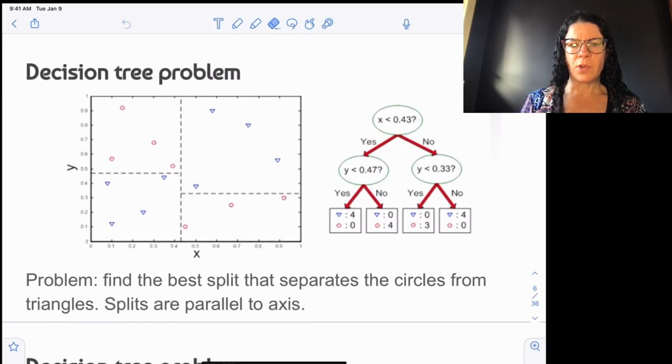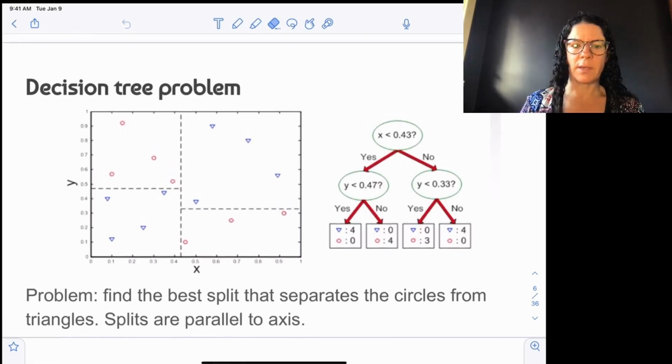So let's recall what this decision tree problem was. In this case, for example, we have two variables x and y, and what you want to do is split the space, the R2 space of these two variables, so that the circles get separated from the triangles.